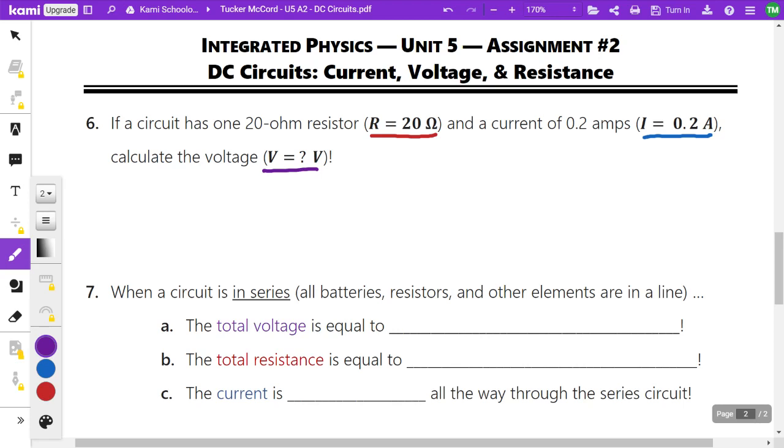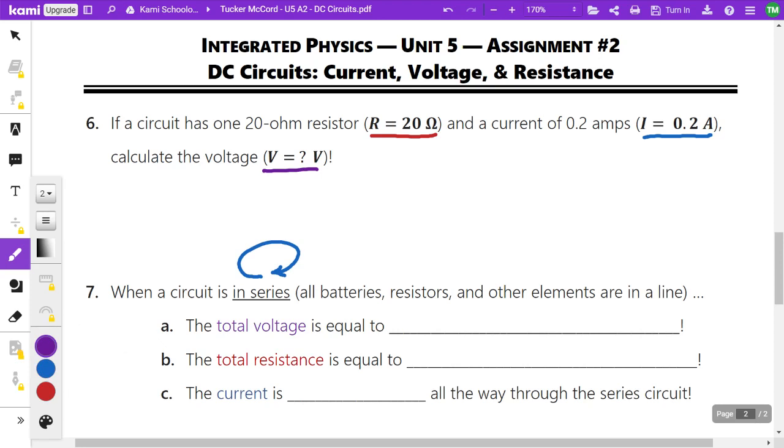As long as your circuit is in series, which means basically everything is all in one loop, all the things providing voltage, that driving force, in your circuit add together. When you have one battery that's pushing and another battery that's pushing in the same direction, you just add up their pushes. So the total voltage in a circuit is just equal to all the individual voltages added together.